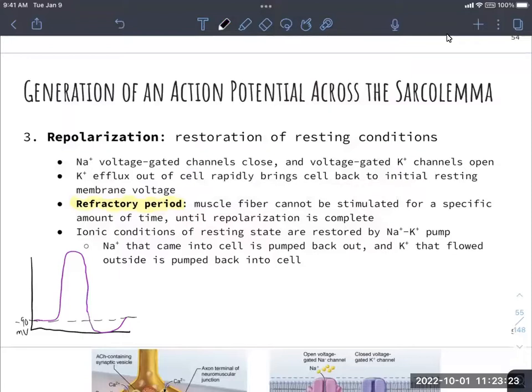Remember those ion channels that I drew that had what looked like a little ball and chain on it, where that ball came over and closed that channel? What is happening during this point is what is called hyperpolarization.